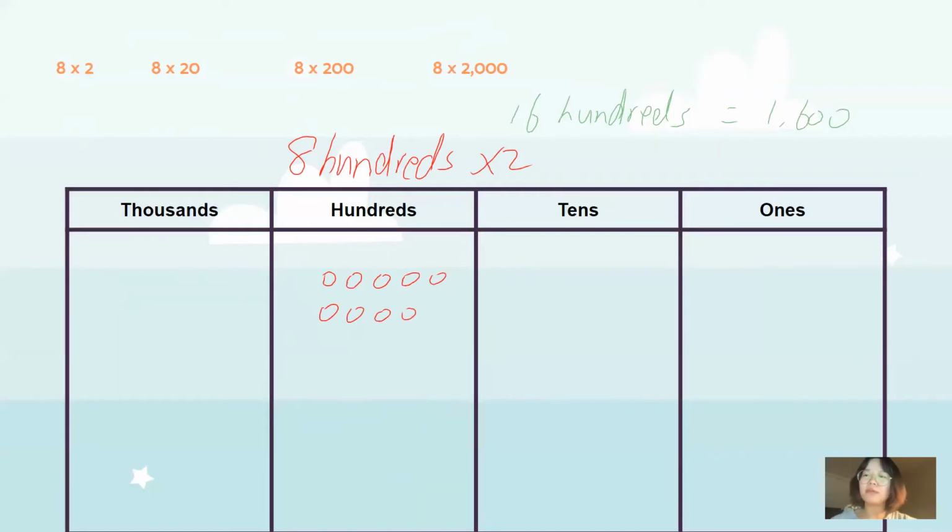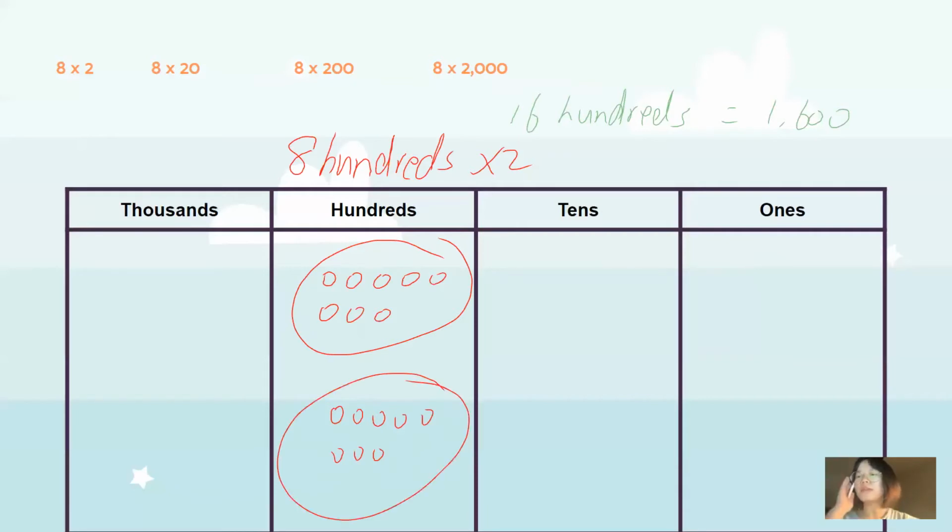Oh, I have one more. Okay, so we have one group. And we have 2 groups. So we have 2 groups of 800s. And how many do we have? We have 1600s. And also equals to 1600. So both statements are equivalent.